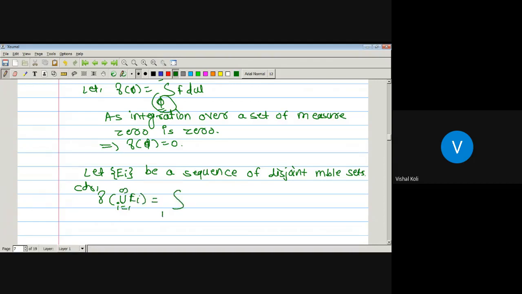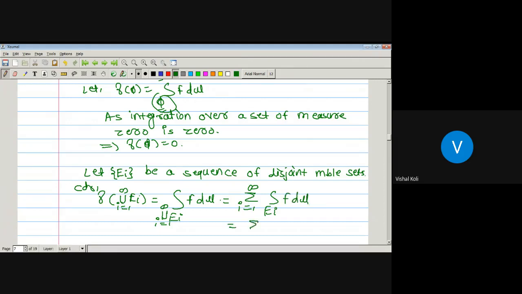By definition, it is the integration of f d mu over the union over i from 1 to infinity of E_i. But we know that if each E_i is a sequence of disjoint measurable sets, then the integration over the union is the summation of the integrations. Therefore, it is the summation over i from 1 to infinity of the integration over set E_i of f d mu.